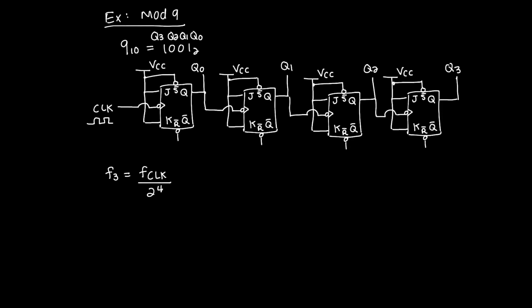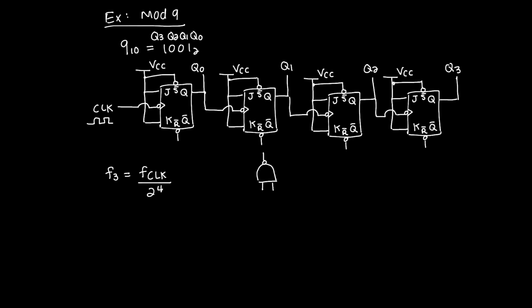So how am I going to do that? What I'm going to do is I'm going to put a NAND gate over here. And the inputs to the NAND gate are just going to be the Q values that are high in the first invalid state. And the first invalid state is 1001. So as soon as I get to state 9, I want to asynchronously reset.